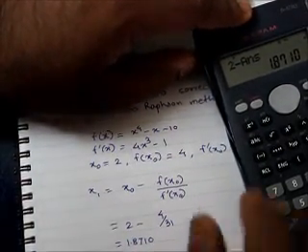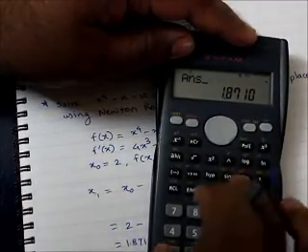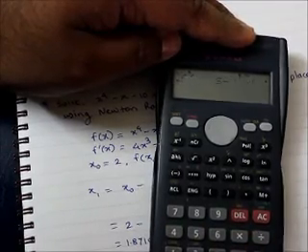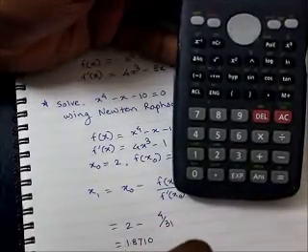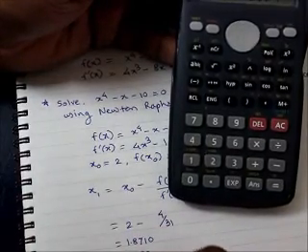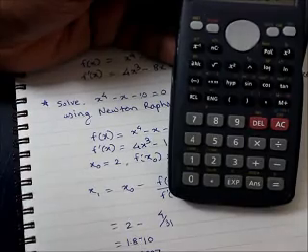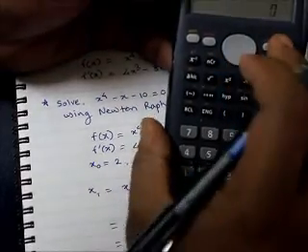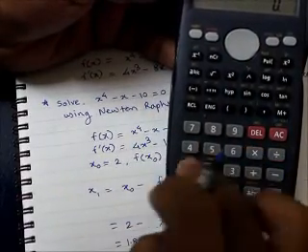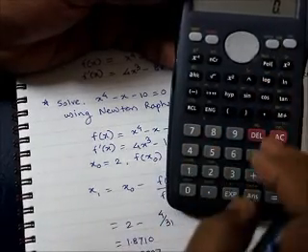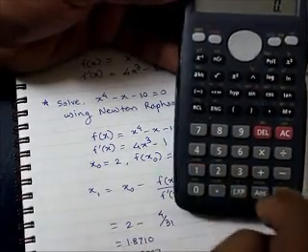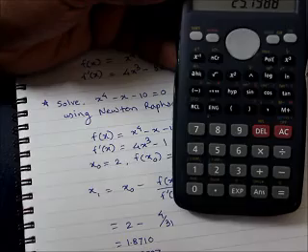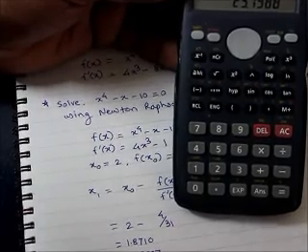Okay, what is f of x1? It is 0.3827. F dash of x1 is equal to 4 into 1.871 cube minus 1, which is 25.1988.